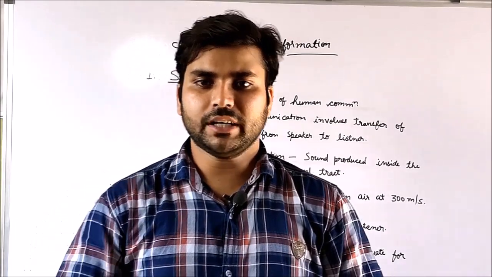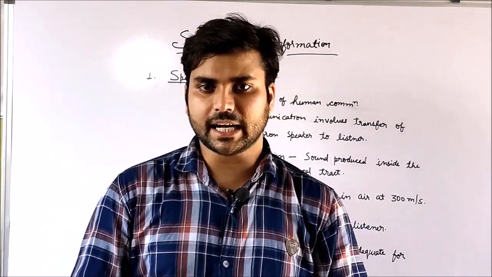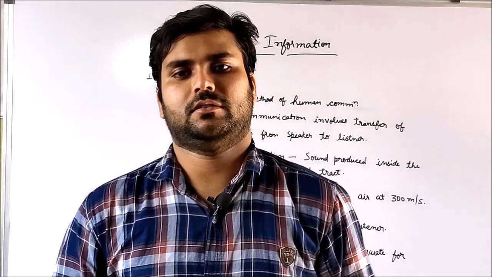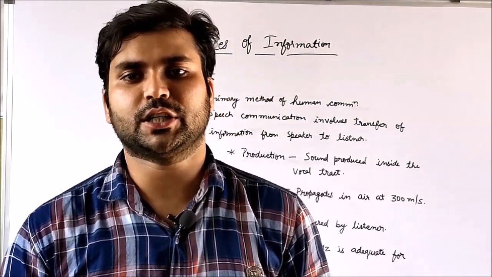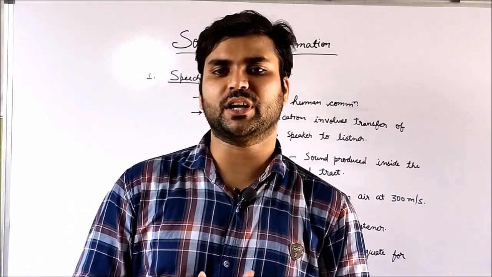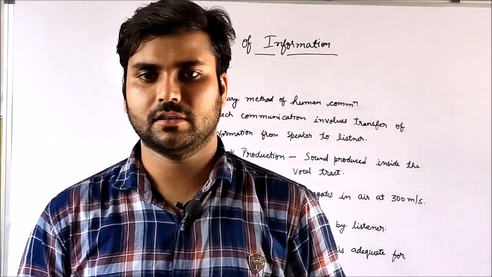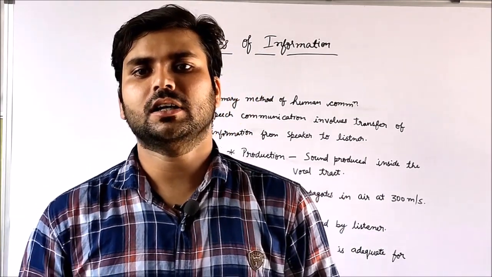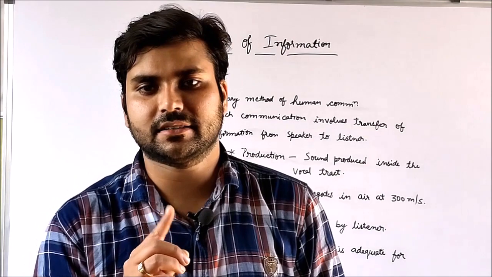What happens when we try to speak? When we try to speak, air comes out through our neck with a certain pressure. Whenever you want to speak, you have to apply some sort of pressure on your vocal tract. Due to this air pressure, our vocal tract vibrates.